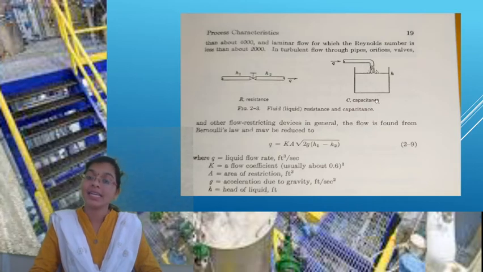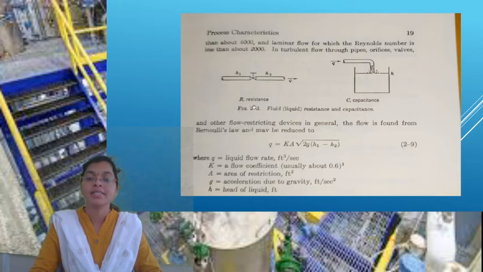What is E here? That is the height of that tank, that is H. So what can we write? I equals C into dV by dt, that is the current in a capacitor. Here I is nothing but Q. Q equals C into dH by dt. This is about the capacitance formula.